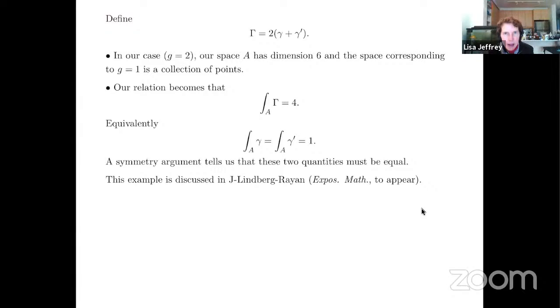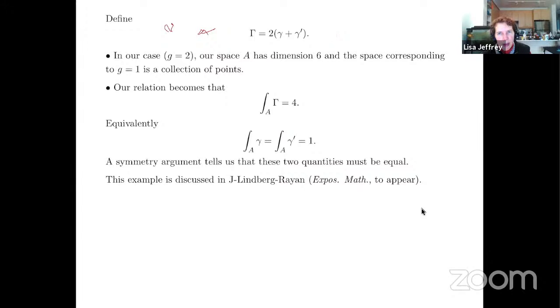I'll define capital gamma, which is the sum of little gamma plus gamma prime.